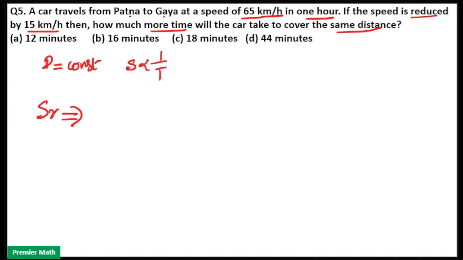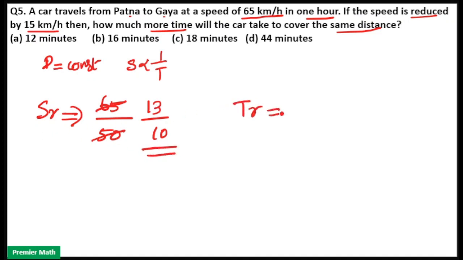Speed ratio here: he's traveling Patna to Gaya at a speed of 65 km. And if the speed is reduced by 15 km, then the speed will become 50 km. So speed ratio is 65 by 50, that is 5 into 13 is equal to 65, 5 into 10 is equal to 50. So 13 by 10 is the speed ratio. Then time ratio will become reverse of speed ratio because distance is constant.